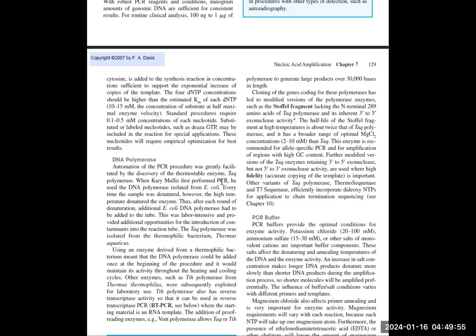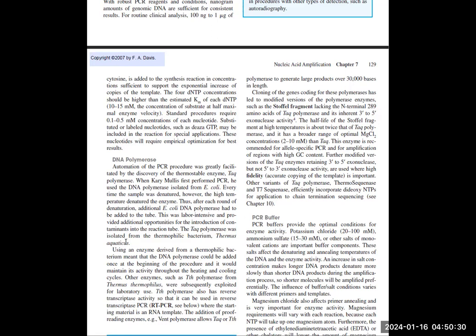However, at every step of the PCR, he needed to add polymerase, because the polymerase isolated from E. coli is easily denatured in high temperatures. So it's more of a hassle, right? And labor intensive.